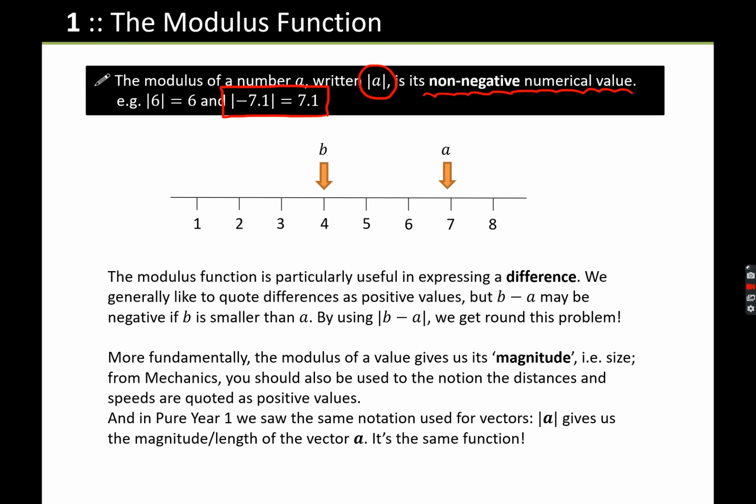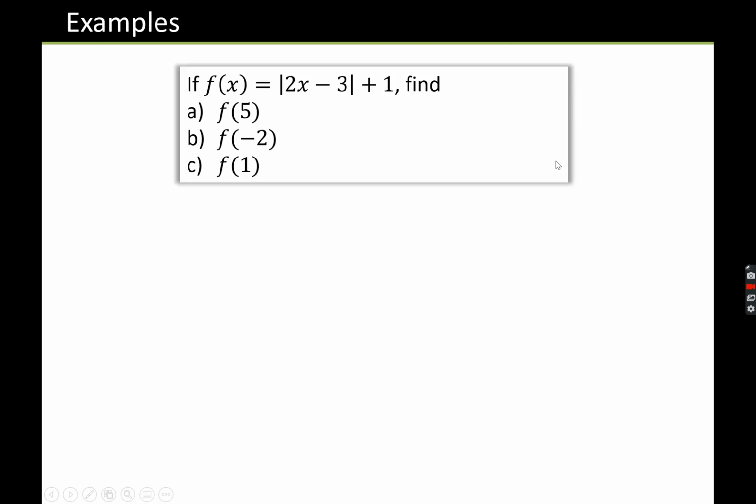So let's have a quick look at what we're going to do, introducing it with functions. You'll see we've got our function f of x is the modulus of 2x minus 3, plus 1. I always want you to think about the modulus effectively as a set of brackets. You're always going to have to work out what goes in there first.